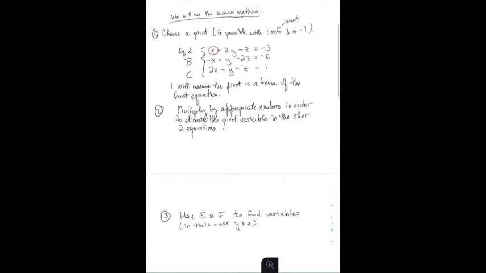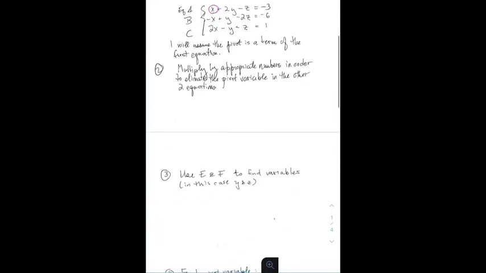So this is a two-step process in this case where we have three equations. If you're lucky, one of the coefficients would be 0 and then you'll have to do it once, but that's not the case here. So the idea is to multiply by appropriate numbers in order to eliminate the pivot variable in the other two equations.